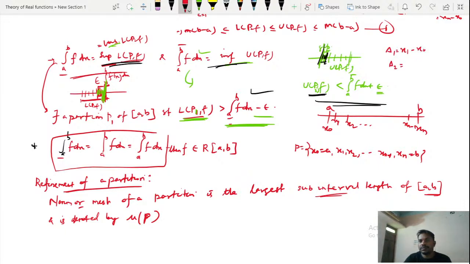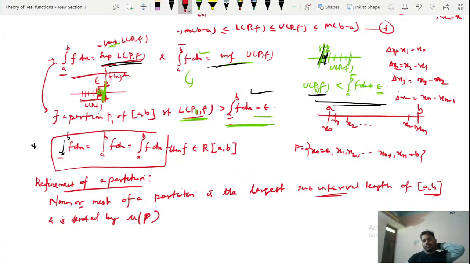Similarly, del x2 is x2 minus x1, del x3 is x3 minus x2, and similarly del xn is xn minus xn minus 1. These are your del x1, del x2, up to del xn.